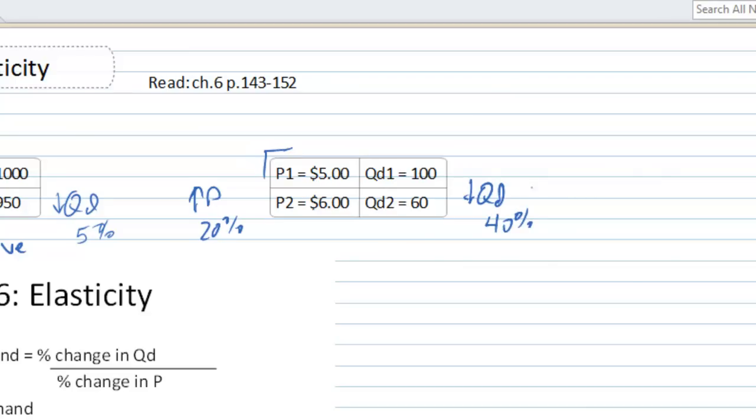And we would say that's because there were so many other substitute sandwiches out there that the increase in price drove a lot of people to the other store. We would say that this good is very responsive to a price change. The demand is very responsive to a price change.